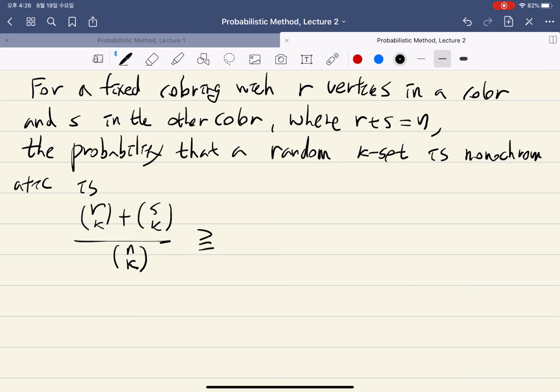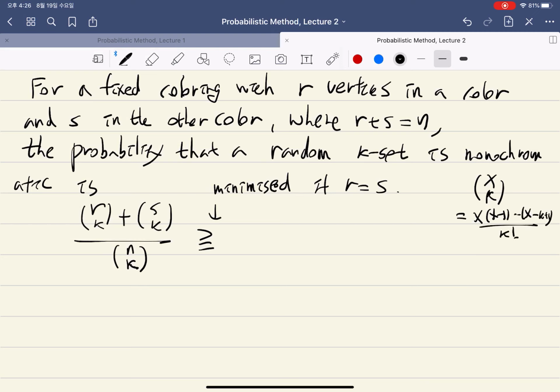And we know that this is minimized if r and s are the same or off by 1, because x choose k is a convex function. It is x times (x minus 1) times ... times (x minus k plus 1) divided by k factorial, which is actually a continuous function. Here x can be a real number.